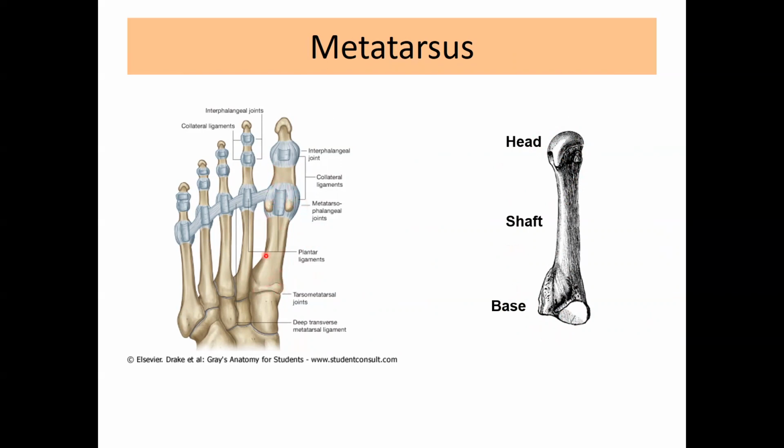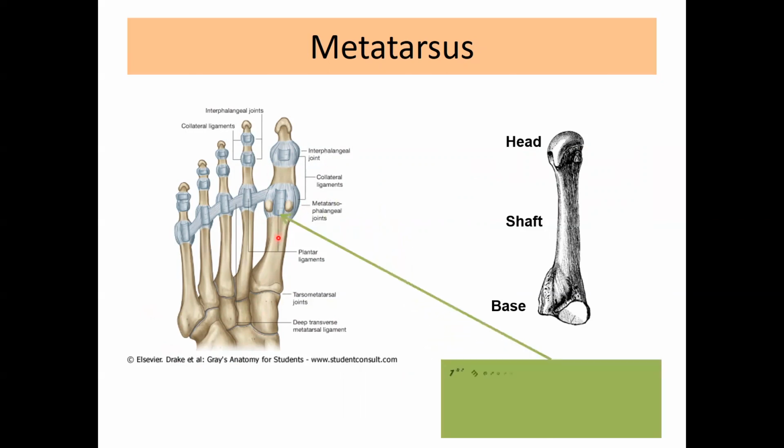The base is articulating with the tarsal bones, and the head is pointing towards the phalanges. This is the head, this is the base, and this is the shaft of the metatarsal.